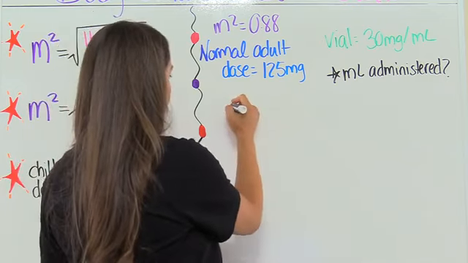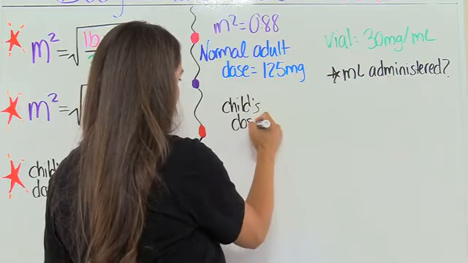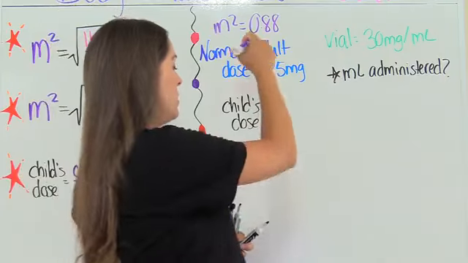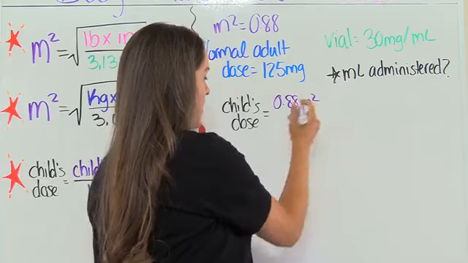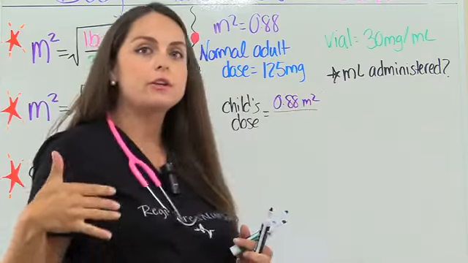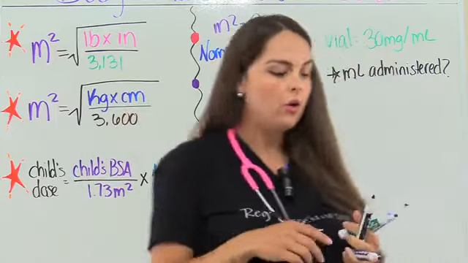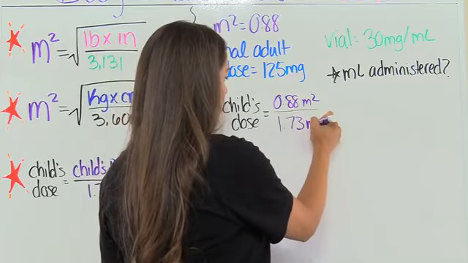So that formula says child's dose equals the child's body surface area, which is 0.88 square meter. And we divide that by the average adult body surface area, and you're just going to have to memorize that number, which is 1.73 square meter.